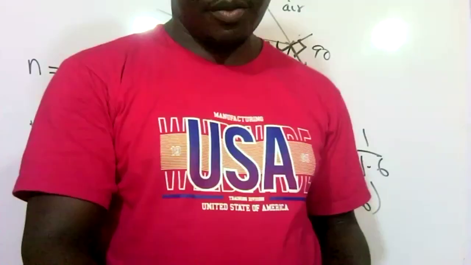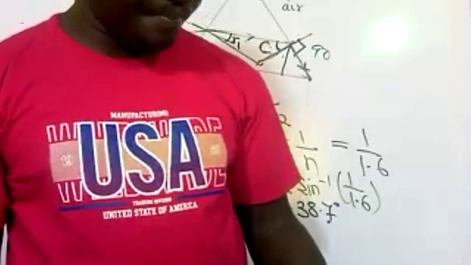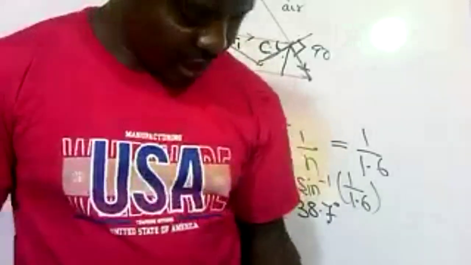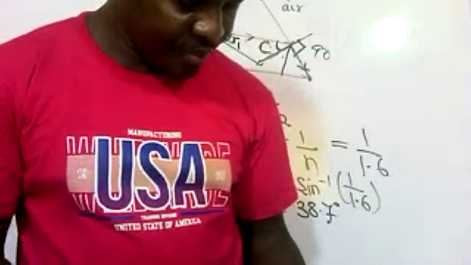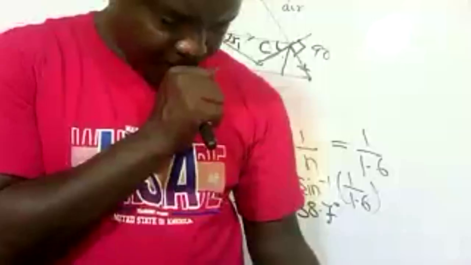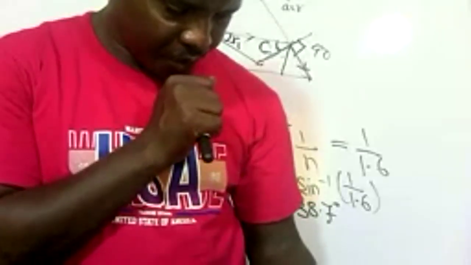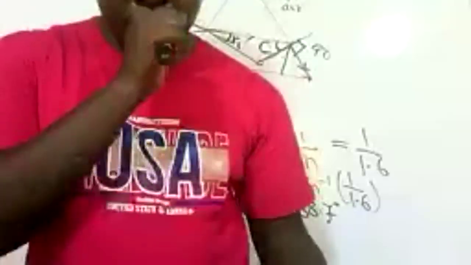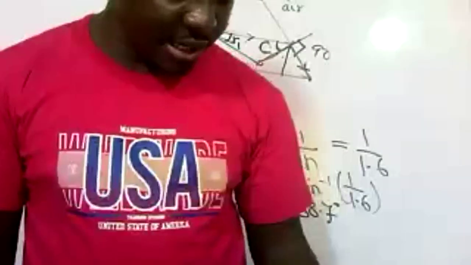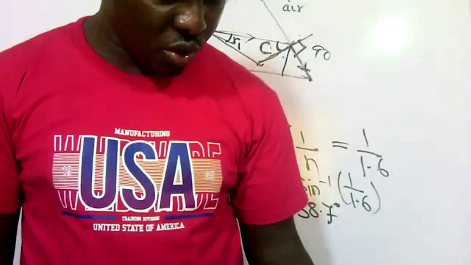All right. So you are given a triangular prism. The angle of incidence is 30. It's an equilateral triangular prism. You are to find R1, R2, and E, given that the refractive index of the prism is equal to 1.5.